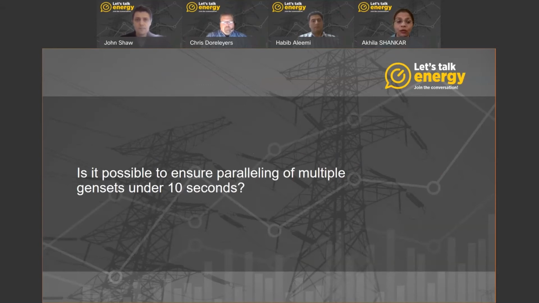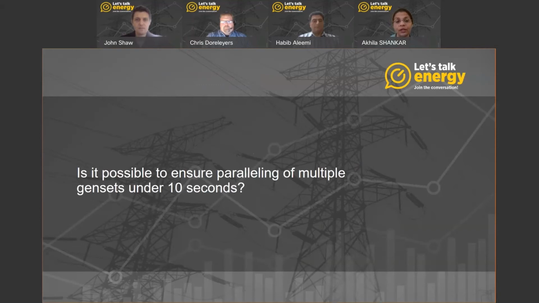And this can be offered for both low voltage as well as medium voltage gensets. However, there is one point to be noted, that CSA 282 does not require all gensets to be paralleled under 10 seconds. CSA recognizes that the traditional paralleling controls cannot guarantee paralleling of multiple gensets within 10 seconds.